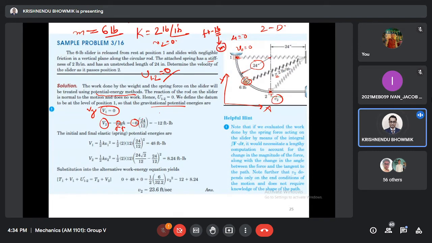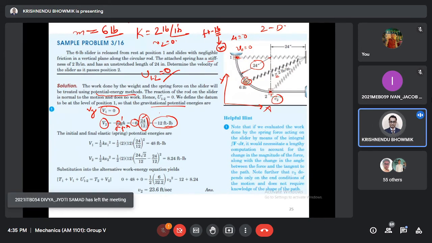Sorry, m is in pounds, so we will have everything in foot-pound. Then g will not be considered. And h is 24 inch, 24 by 12 foot. Now the initial velocity is 0, and the final velocity you have to calculate.